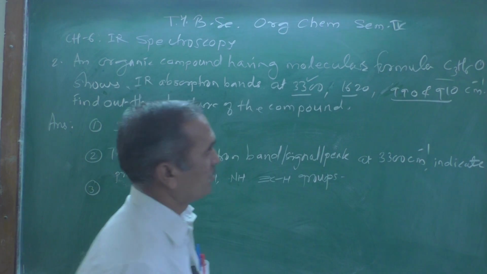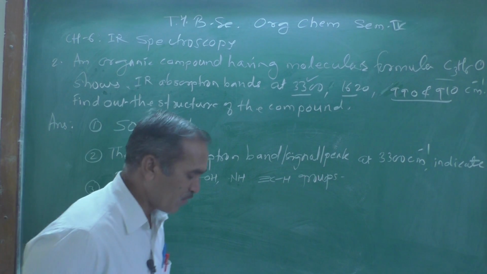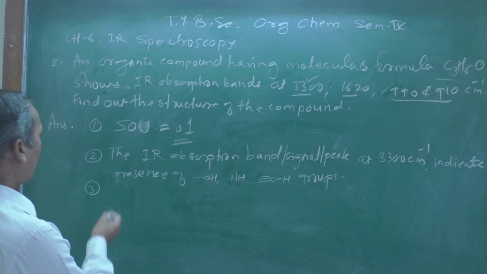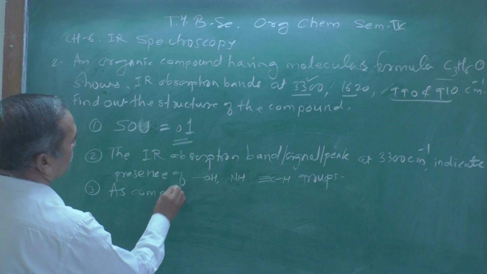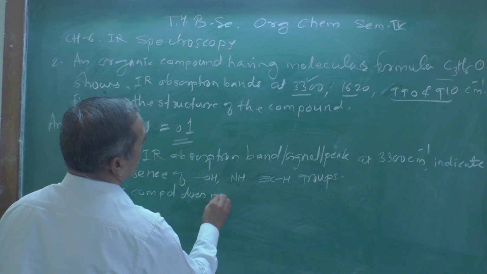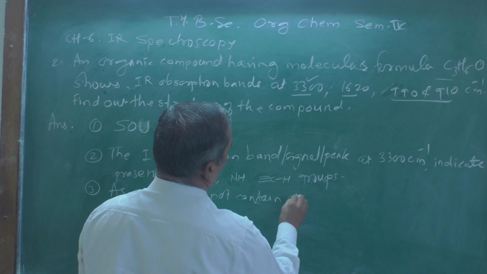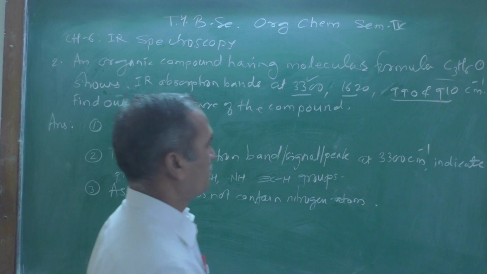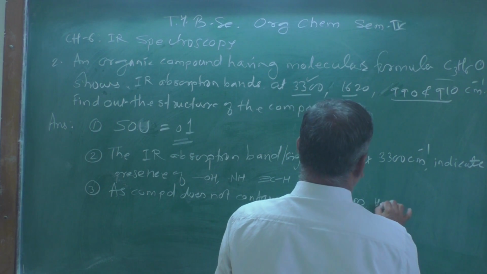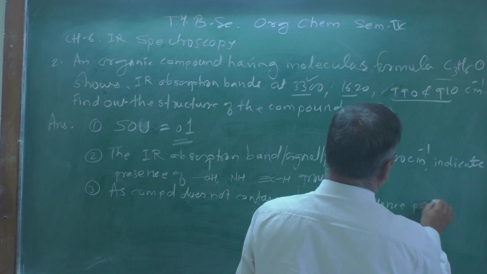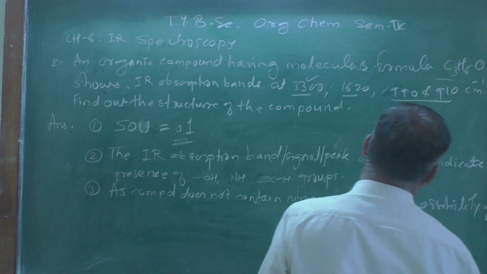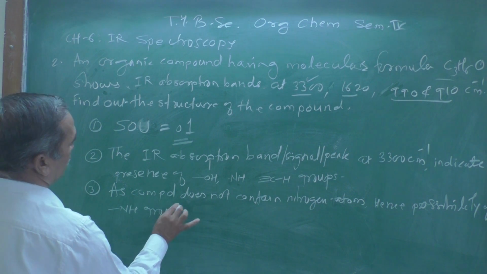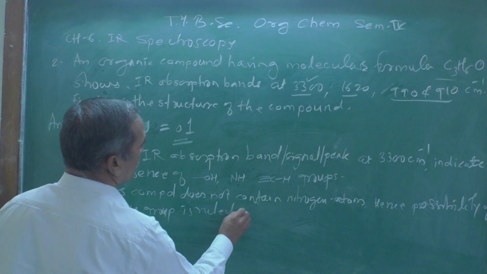There is no nitrogen atom found in the molecular formula, and therefore you can write: a compound does not contain nitrogen atom, hence the possibility of NH group is ruled out.